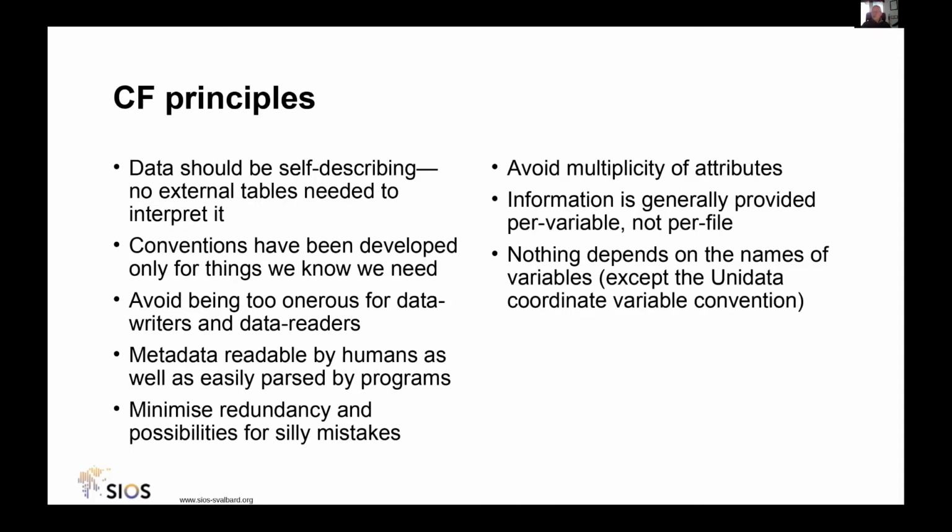And information is generally provided per variable and not per file. You can have information per file, but the important thing is that every variable should be self-contained within the file as well. And nothing depends on the names of the variables except one exception, and that's the coordinate variable convention, which we come back to slightly later.